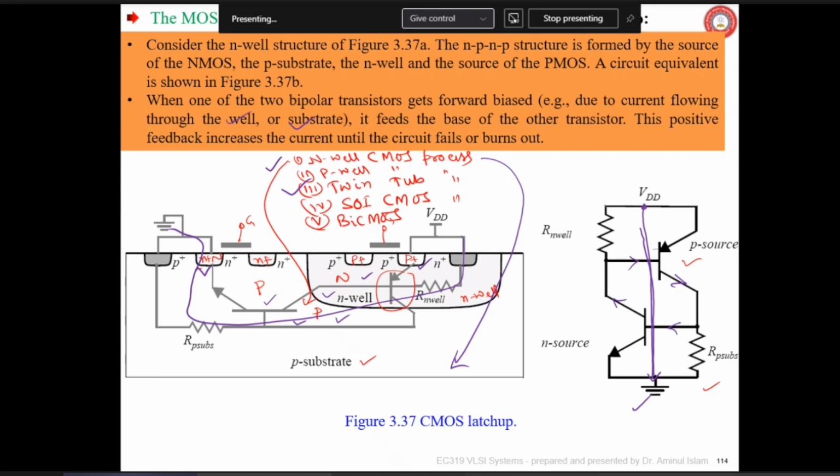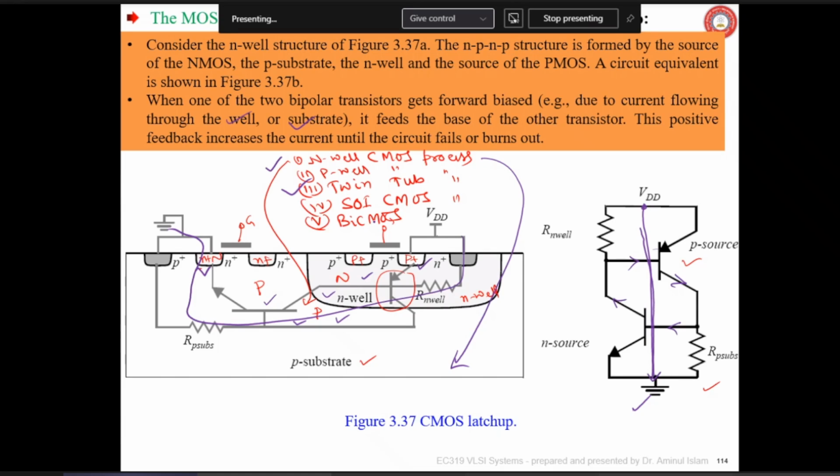Do you understand? In some diagram, I have shown the twin tub process also earlier. SOI CMOS process is a little advanced process. And at the beginning, the BiCMOS process was used. In this, what happens in a CMOS process is that BJTs are made with some extra fabrication steps, because in the early days MOSFET was slower compared to the BJT, and hence to increase the circuit speed, BJT was also used in addition to the MOSFETs.